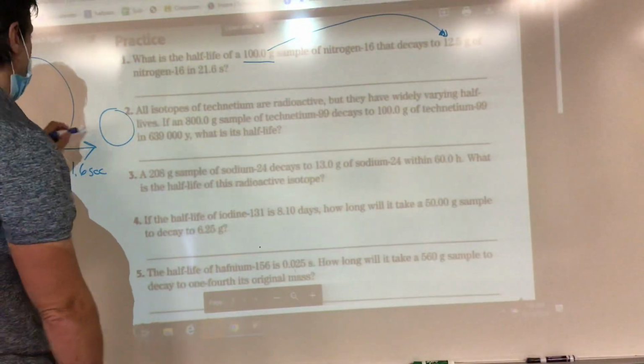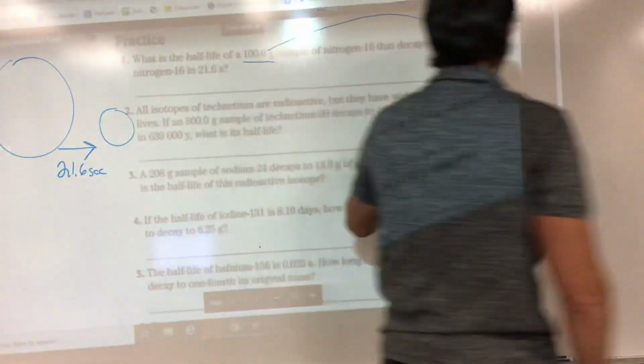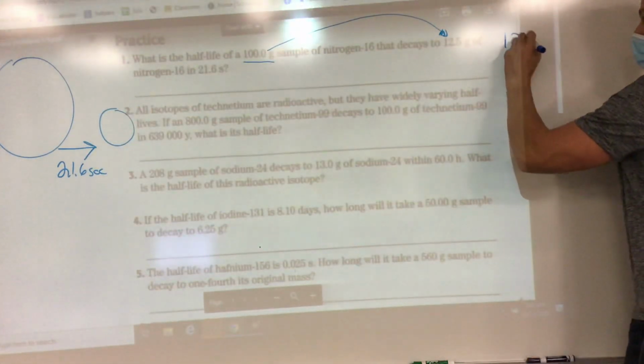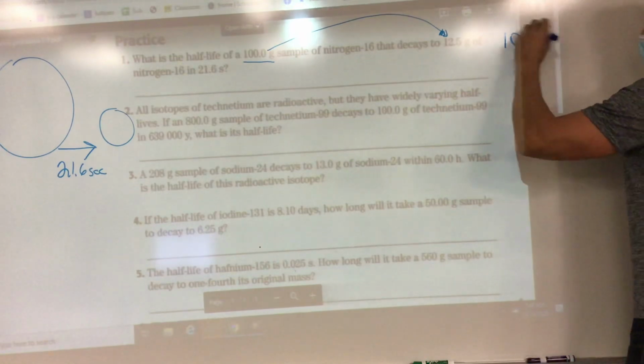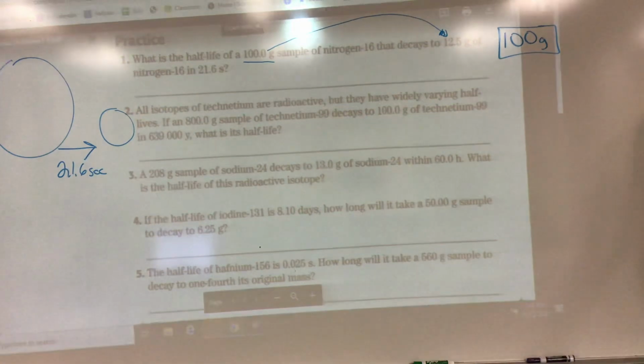So we first figure out how many total half-lives. Keeping it simple, if this is what I start with, and everybody was clear that each time it goes through a cycle of a half-life, half of whatever's there in the mass goes away.